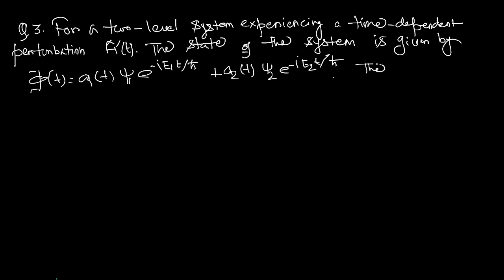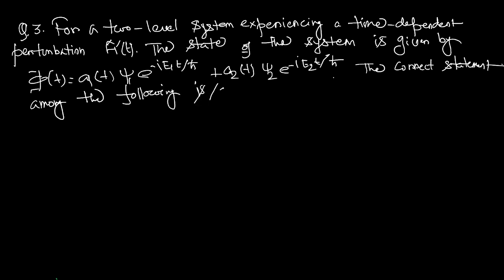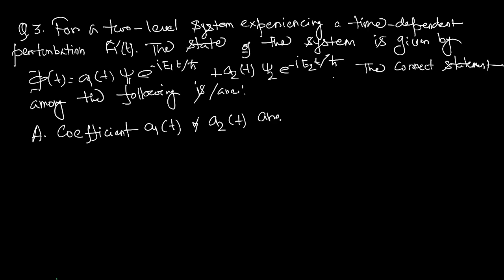The correct statement among the following is or are: A, coefficients A1 and A2 are in phase with respect to each other.